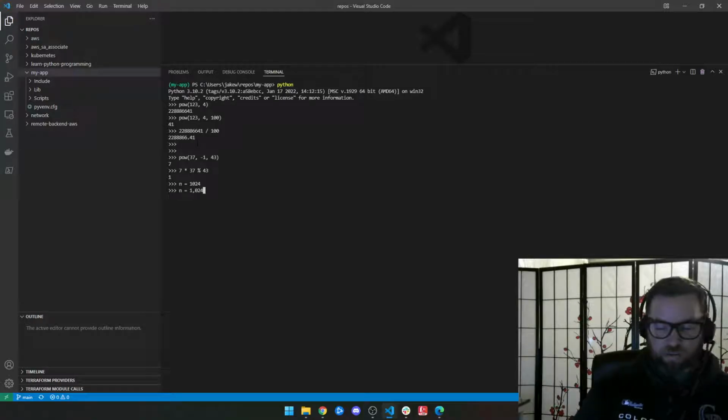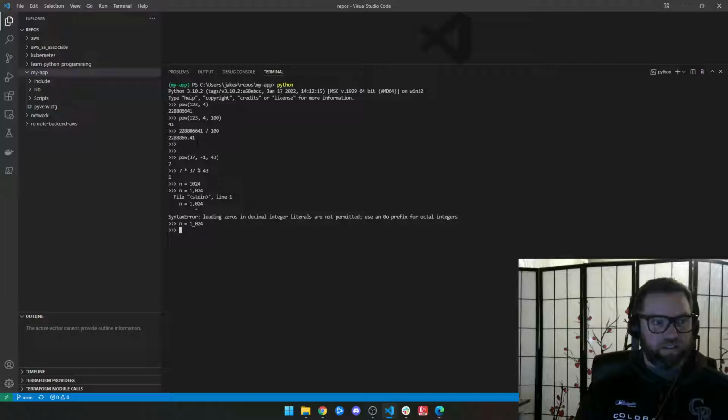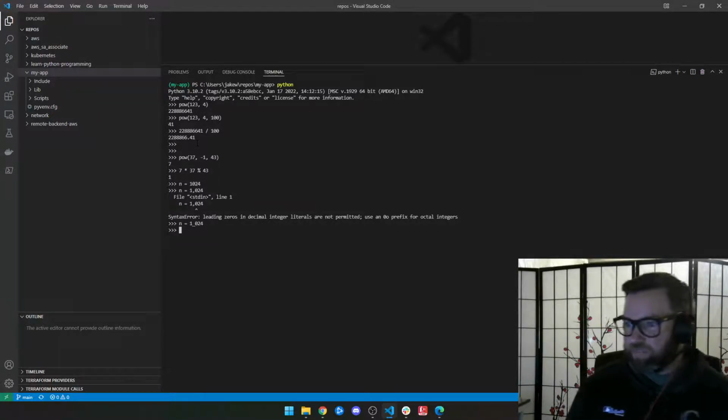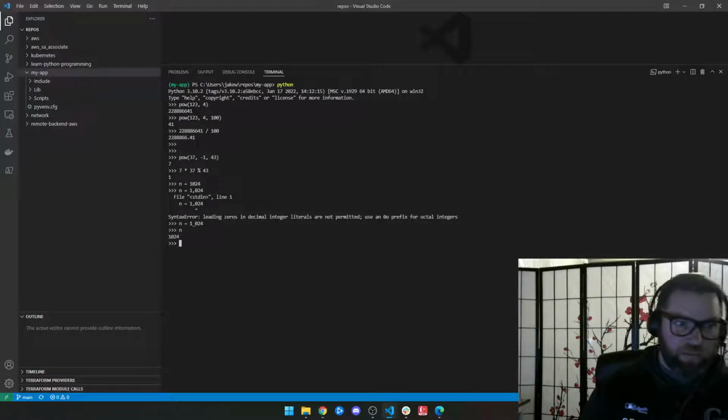Well, Python doesn't understand commas, but it does understand 1_024. It understands that as a separator. So if I returned n, it would just return the number without the underscore.